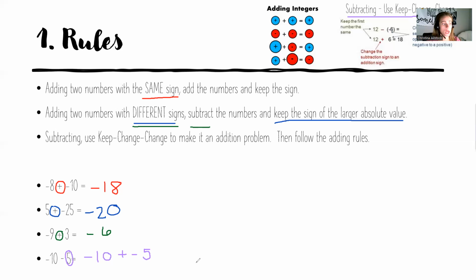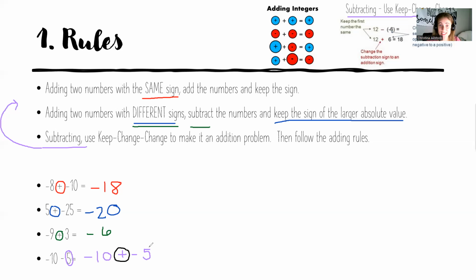Once we've done that, we just cycle on back and follow whichever adding rule applies. Because now we've rewritten it as an addition problem to make our lives easier. So we're adding. Do these two numbers have the same sign or different signs?